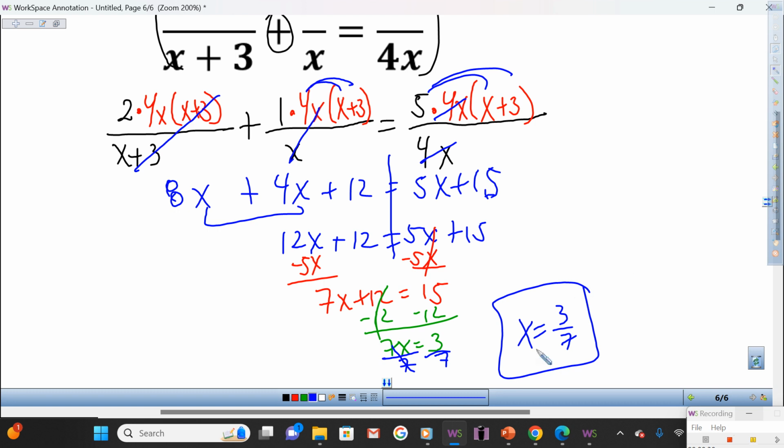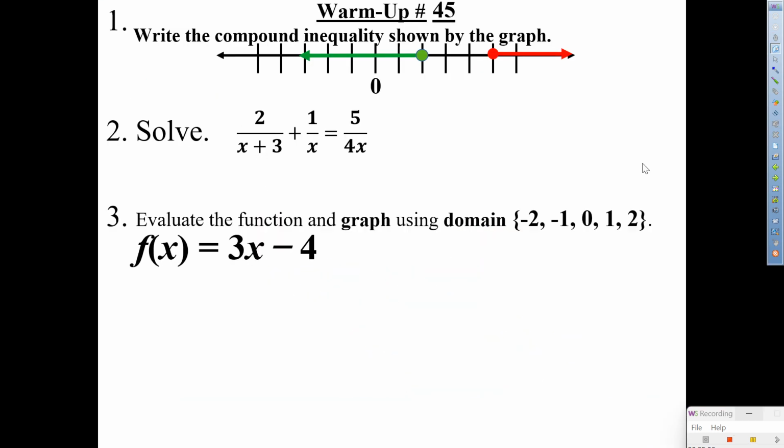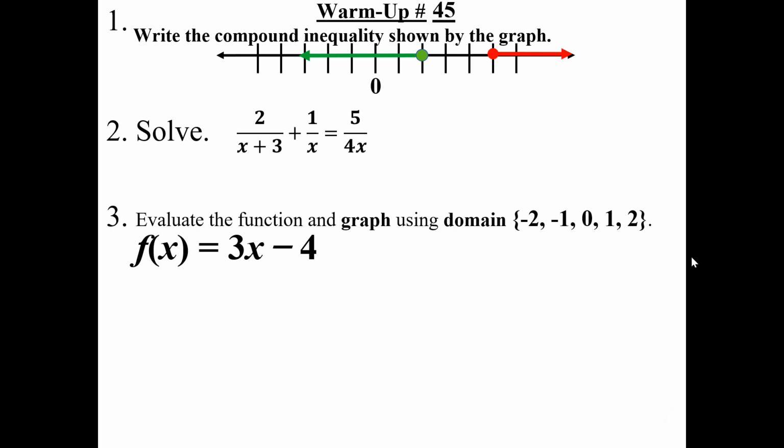So, let's go to number 3. Evaluate the function. Check with the neighbor, see what they got for f of negative 2, f of negative 1, f of 0, f of 1, f of 2 before Martin passes it to someone.